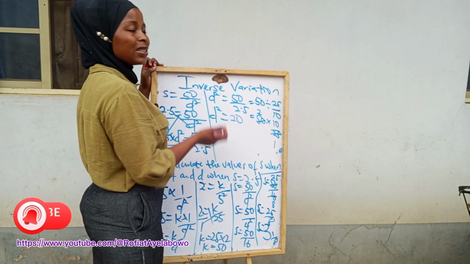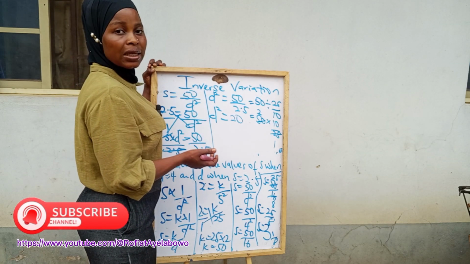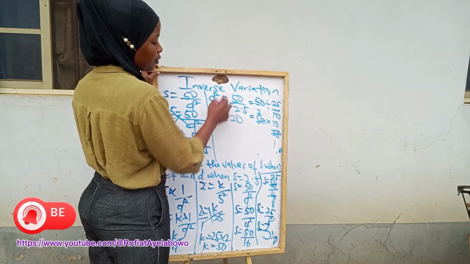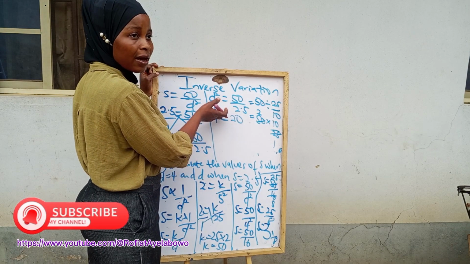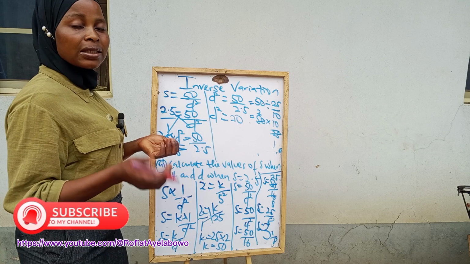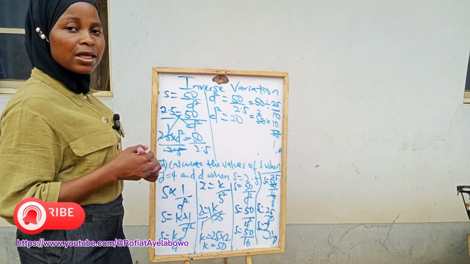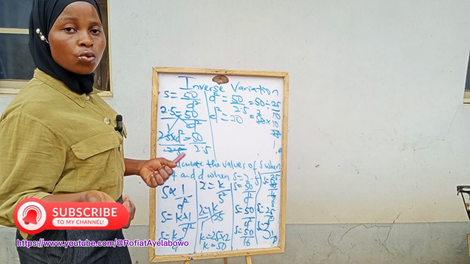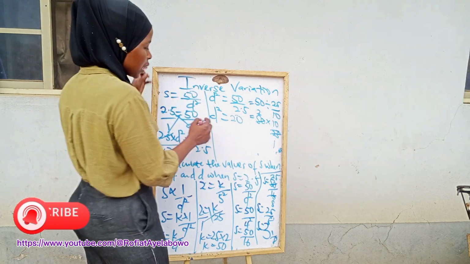Now we are looking for d and not the d square. You want to cancel the square that you have here. So if you are cancelling square, you cancel square with square root. And the same thing is applicable when you are cancelling square root. You cancel square root with square.